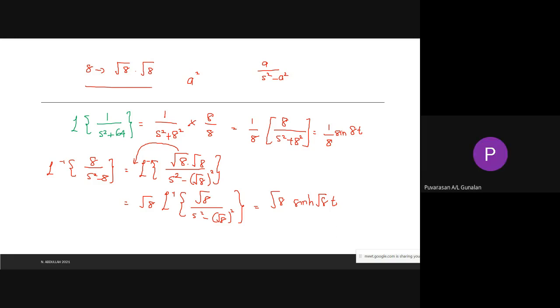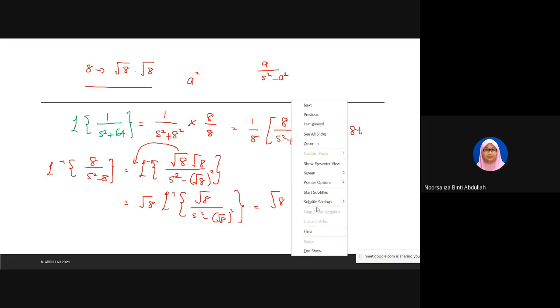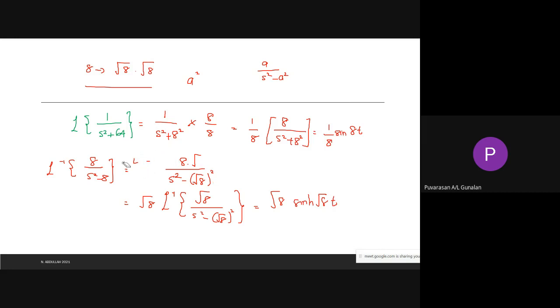Yang square root 8 darab square root 8. Yang ni? Ya, betul. Kalau square root 8 darab square root 8 dapat 8. Sebab tu square root 8. Dia sama macam ke atas. 8 divide 8 dapat 1 kan? Ya, sama.